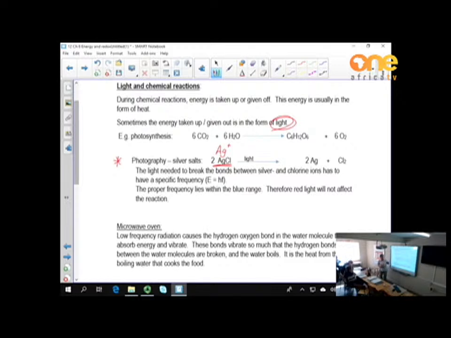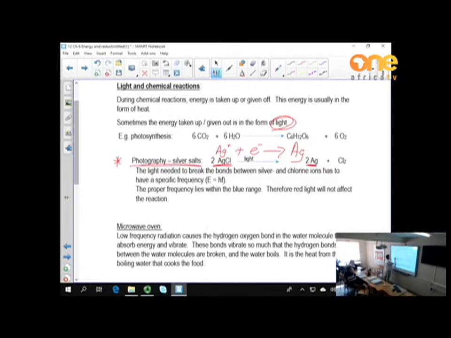The moment the light starts shining on that solution, we find dark grayish metal being formed. What has happened? The silver ion, under the influence of light, gains an electron and it forms silver metal. So that's the other reaction that requires light.